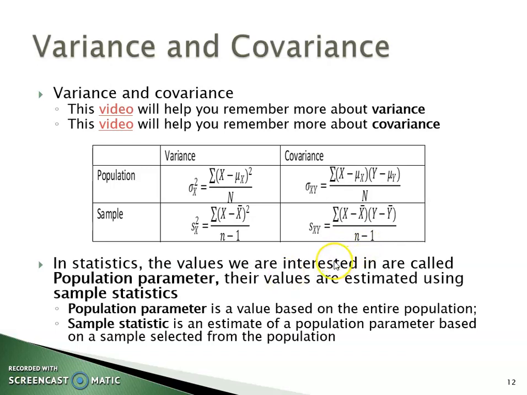If we have another pair of variables, x is the high school GPA and y is the college GPA of a group of students.